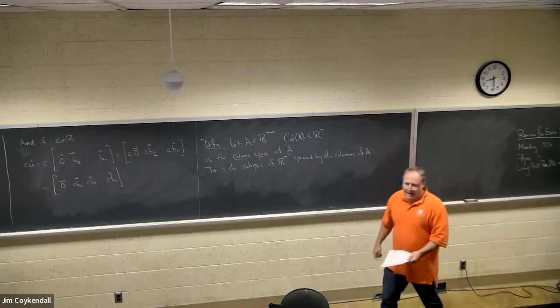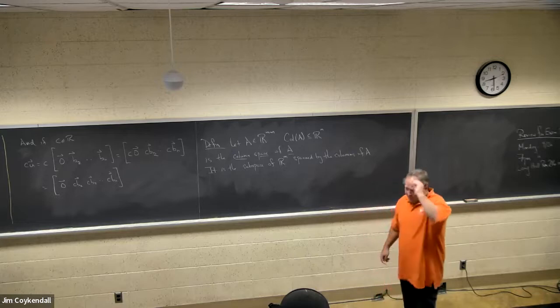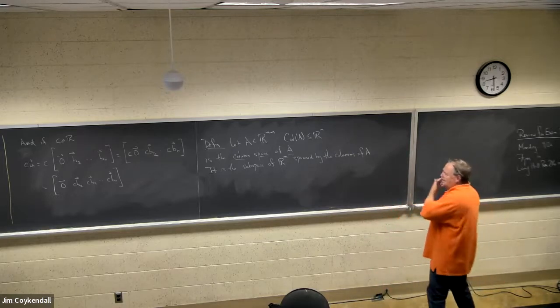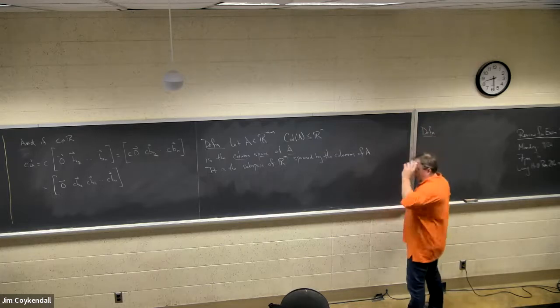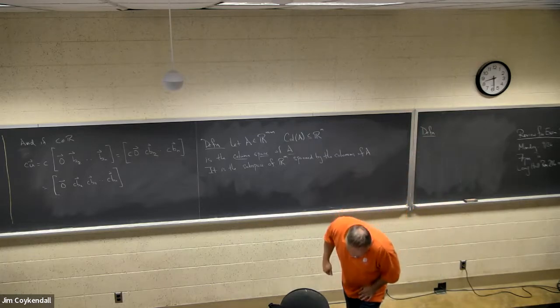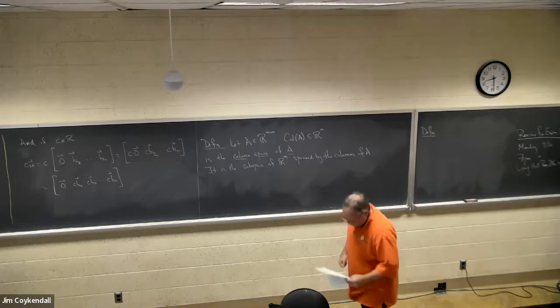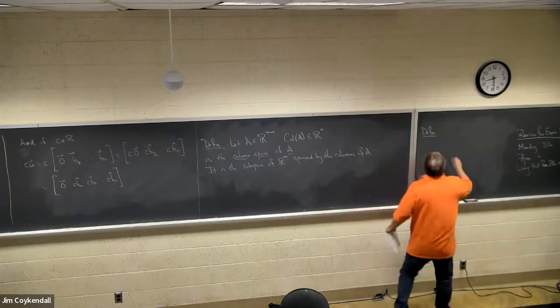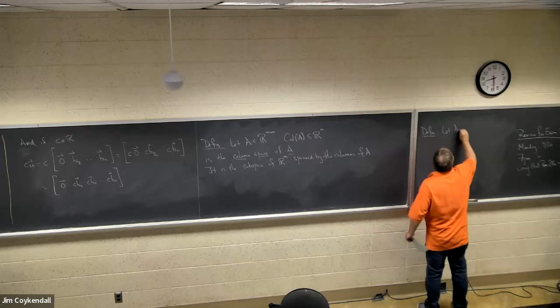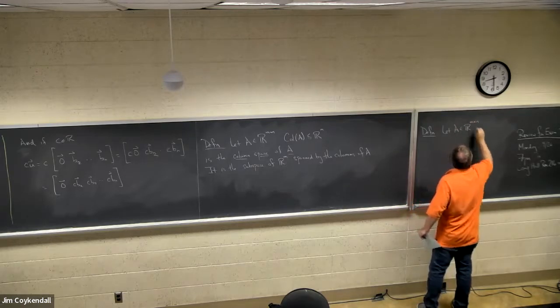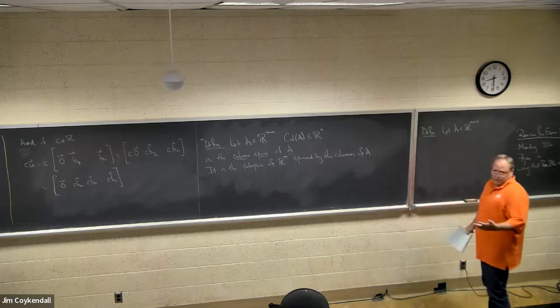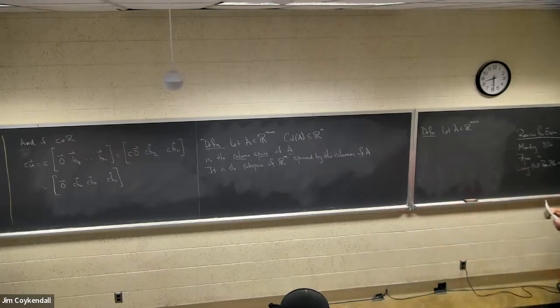There is a companion to the column space, which may look different at first, and we'll make some connections later. Definition. Again, A is just a matrix, an m by n matrix.